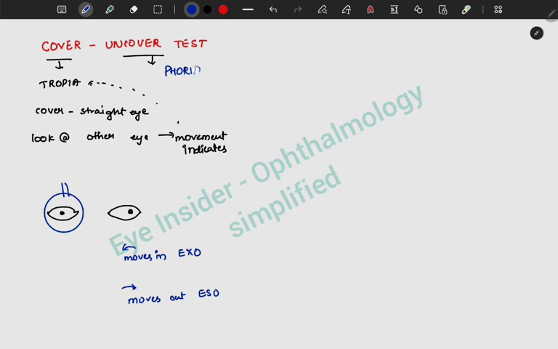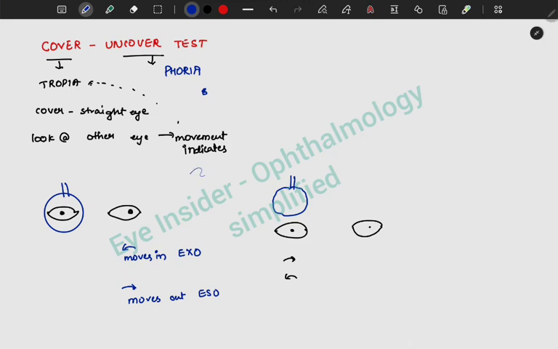So the eye moves to take up fixation, and the uncover component reveals if the eye has any phoria. So in this, we remove the cover and then look at the eye behind the cover. If the eye behind the cover moves in or moves out, that means it has phoria, that is latent squint.